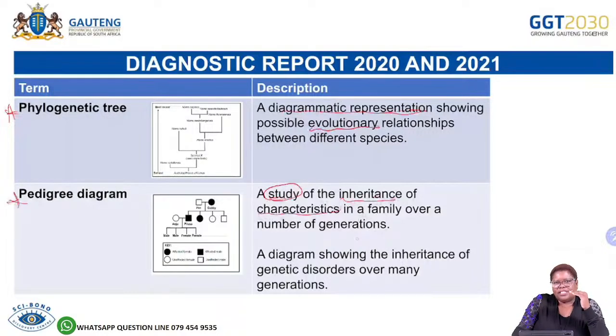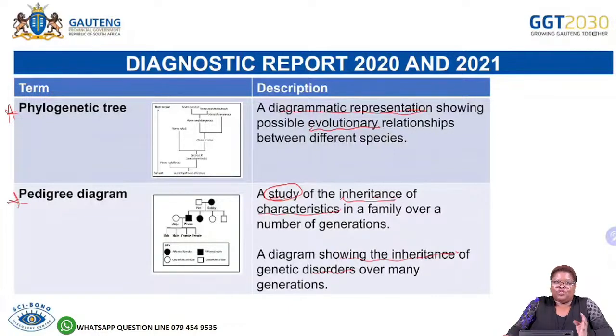The characteristics inherited by you from your grandparents can be visible, whereas you cannot see some of those characteristics if we compare you to your parents, right? So a pedigree diagram shows the inheritance of genetic disorders. You can think of Down syndrome. So it is diagrammatic, showing the inheritance of genetic disorders over many generations.